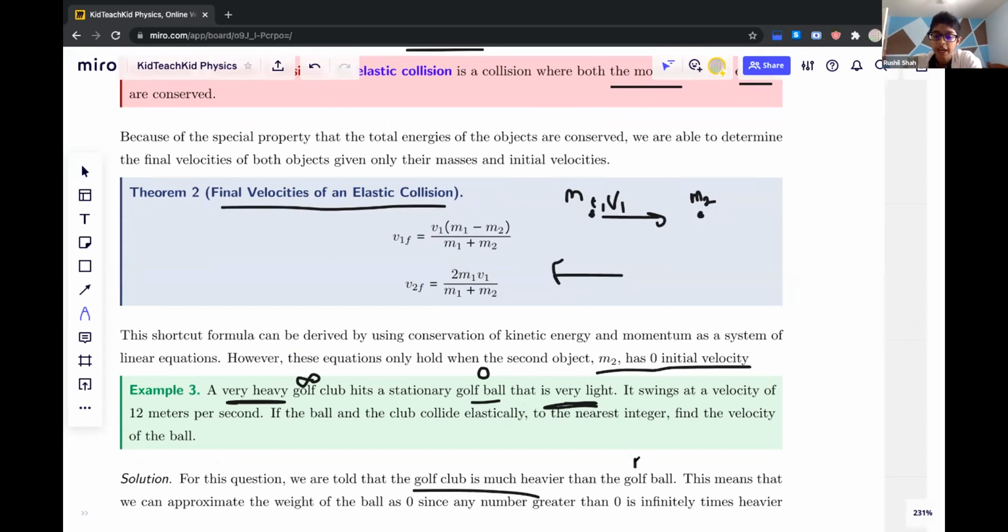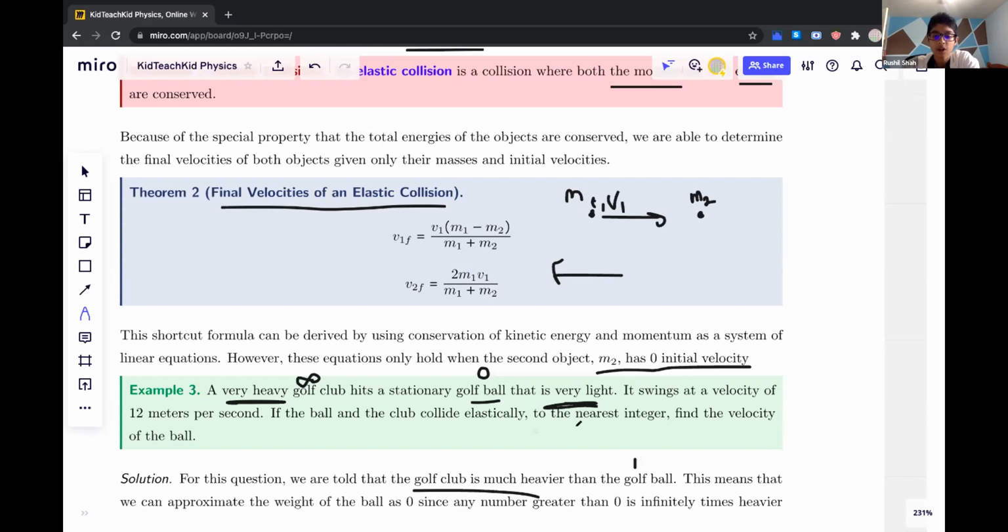Like 0 times infinity is still zero. So if we let the mass of the golf ball be zero, then the golf club will be much heavier than the golf ball. And we're just approximating because we're told that the golf club is much heavier than the golf ball.